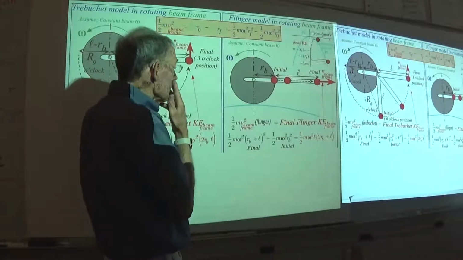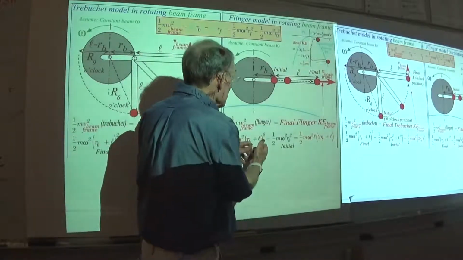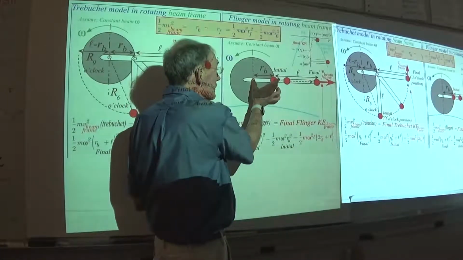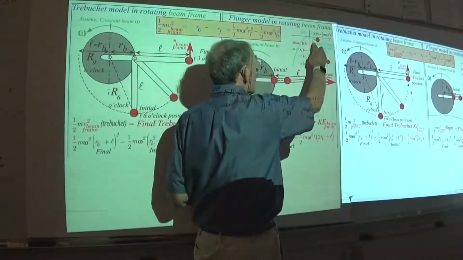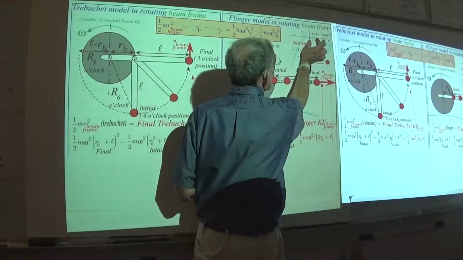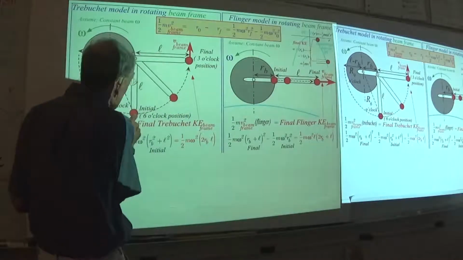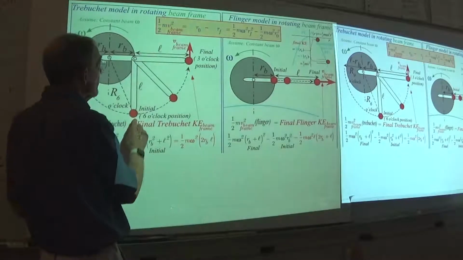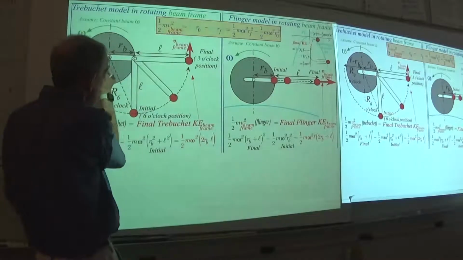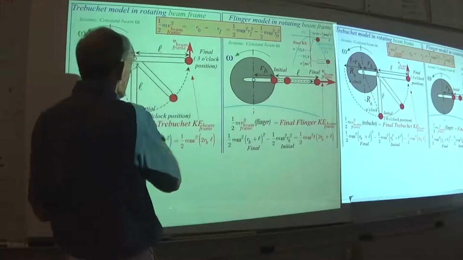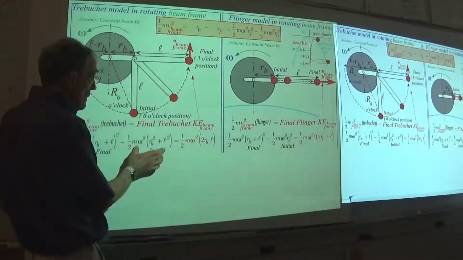This one is a little bit different. It's the same final as this one, but the initial is just R_B squared, okay? So you start off at R_B squared, which is that distance, and you just fall down the thing. This one's more complicated. You start out here, same projected radius R_B, but actual radius this, and so that is what you're going to be comparing.